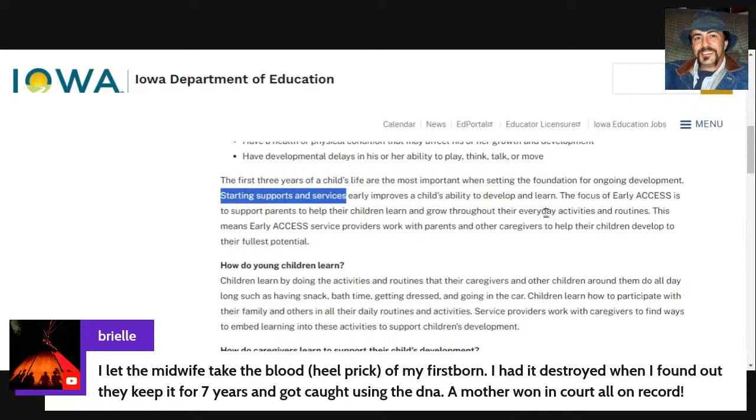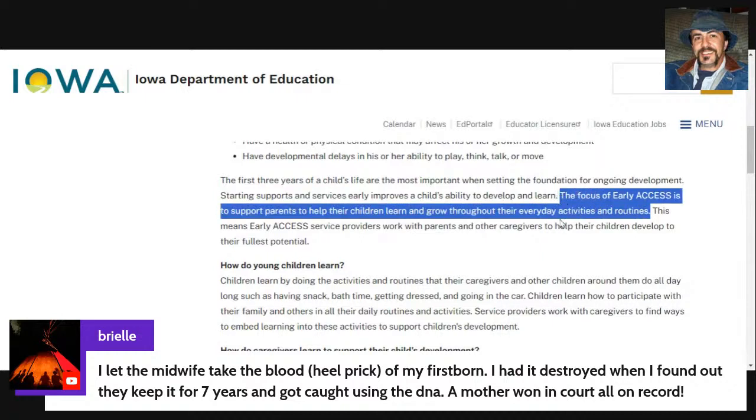The focus of early access is to support parents to help their children learn and grow throughout their everyday activities and routines. If the focus of early access is to support parents to help their children learn and grow throughout their everyday activities and routines, then why is it they're being told that they have to turn around and send them to school so somebody else can now teach them how to learn and grow?